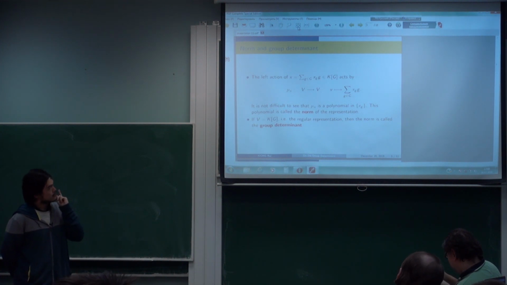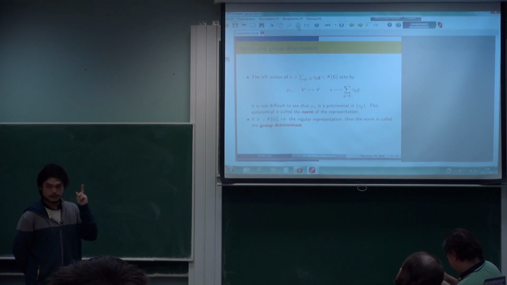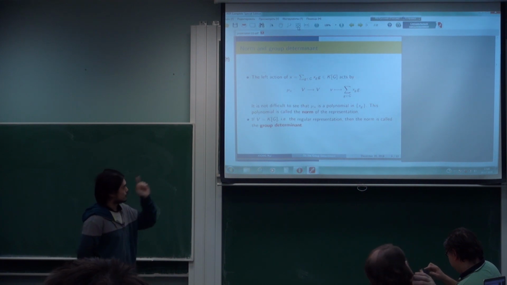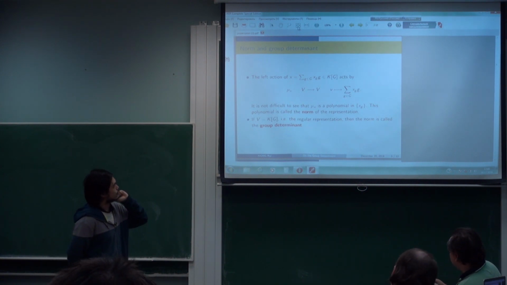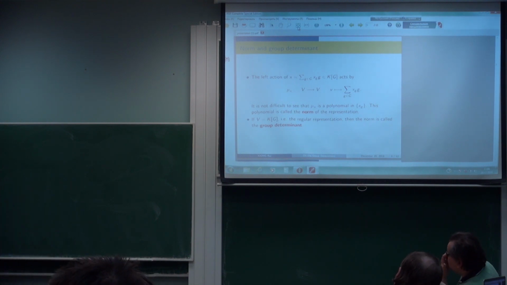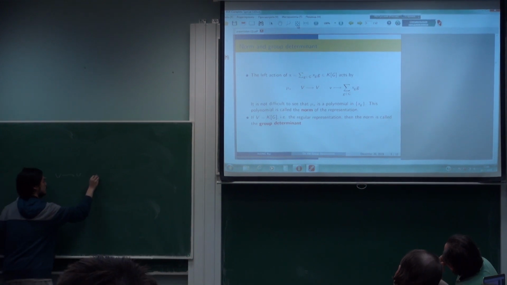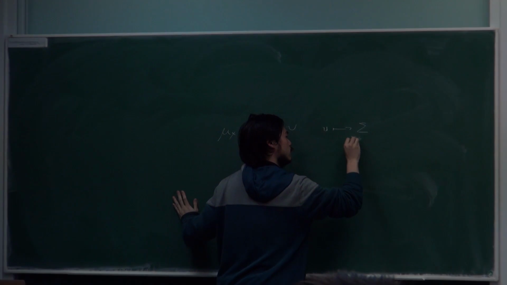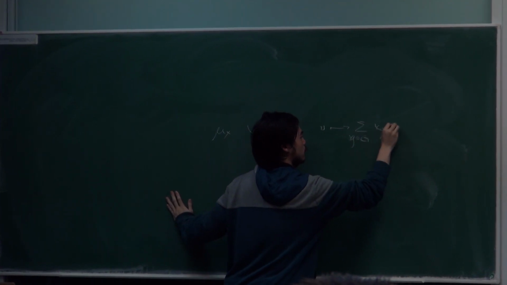We write x as a sum of indeterminates x_g times g. Then the left multiplication is defined by v maps to x v.